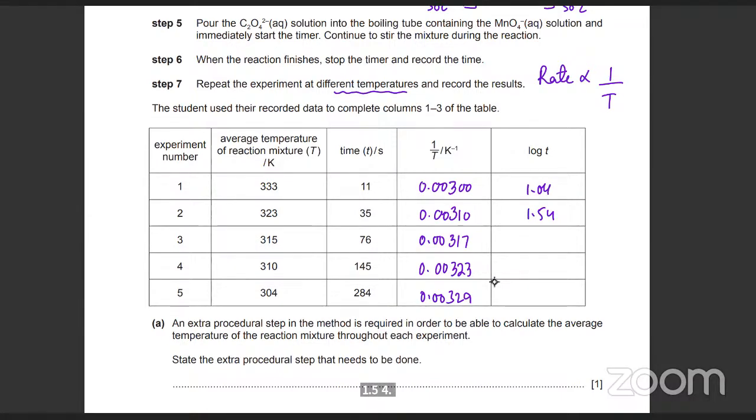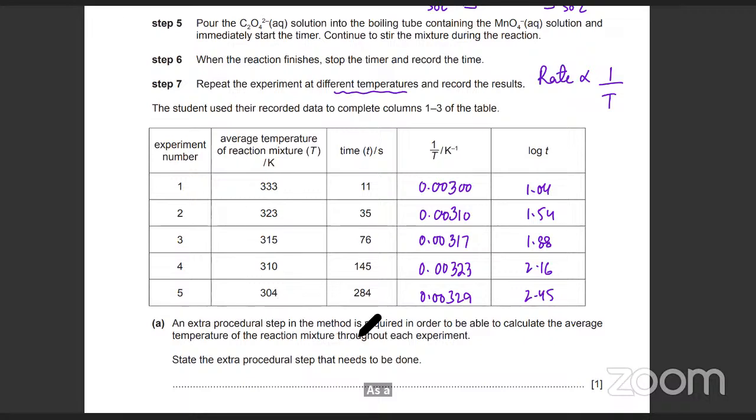Log 76, that's 1.88. Log 145, that's 2.16. Last one, 2.45.